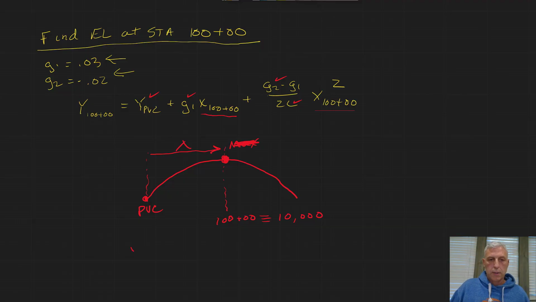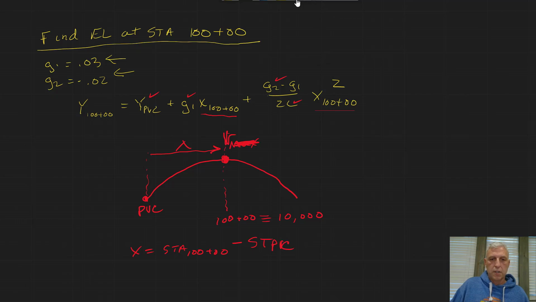So X equals station 100 plus 0, 0, so right here, minus station PVC.